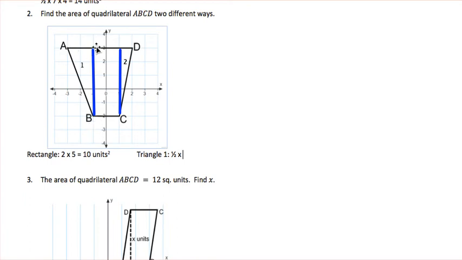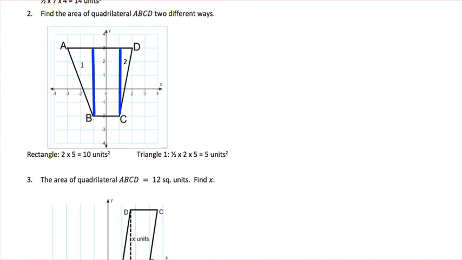So the base, which is 2, times our height, because it has to be perpendicular, 1, 2, 3, 4, 5. And 1/2 times 2 times 5 is 5. Again, they are square units.